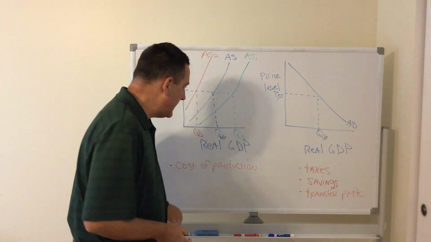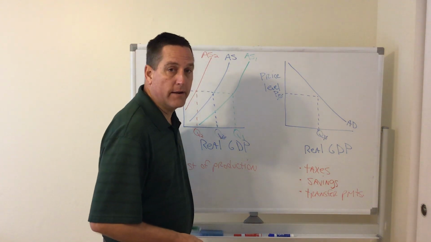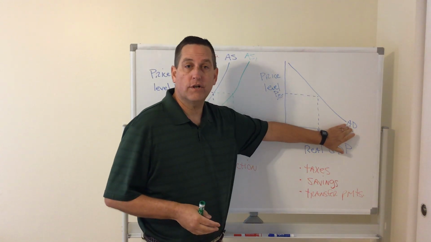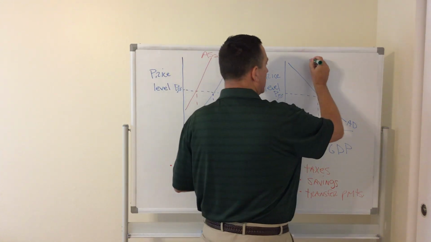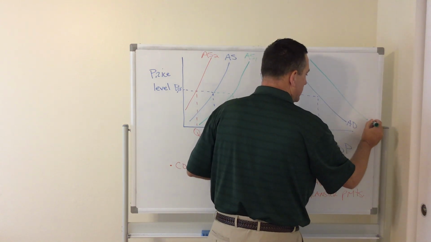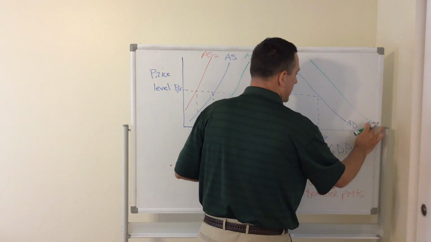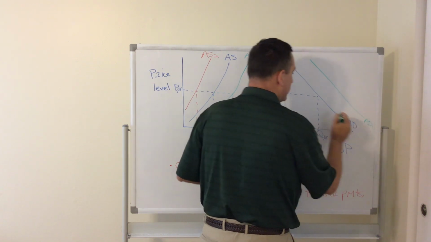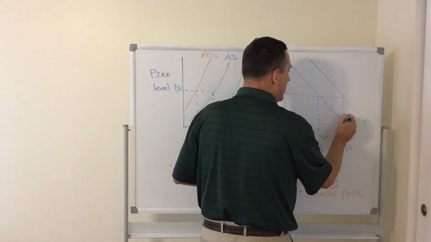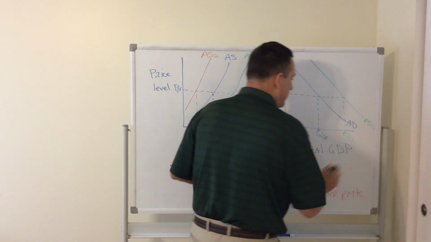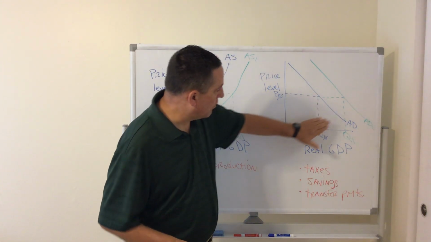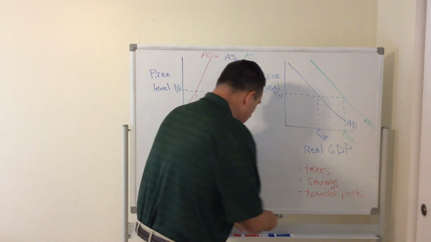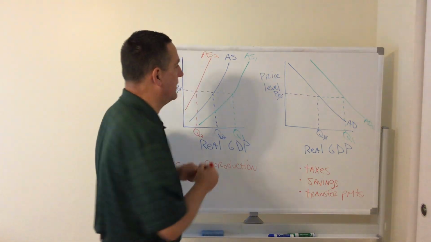Well, just like a regular demand curve, aggregate demand, the demand for all goods and services, can shift to the right. At this same price, people are now demanding more goods and services. Or if it shifts to the left, a decrease in aggregate demand.